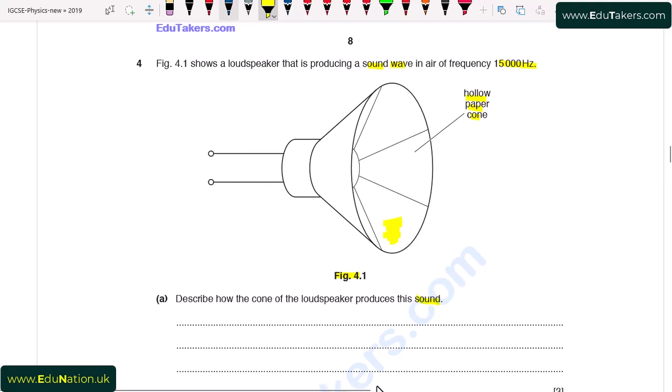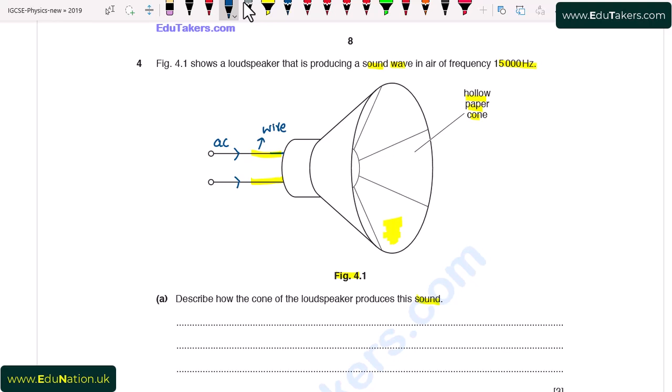So first of all, in this figure we can see that there are two wires. This is first wire and this is second wire. And there is an alternating current passing through these wires. I write here AC current is passing through these wires.